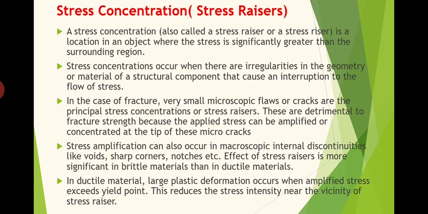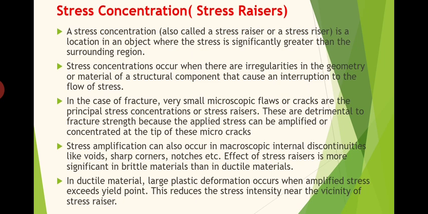Stress concentration occurs when there are irregularities in the geometry or material of a structural component that cause an interruption to the flow of the stresses. Geometry means if the shapes are changing, like large bends, corners, etc. These points will usually act as stress concentrators.